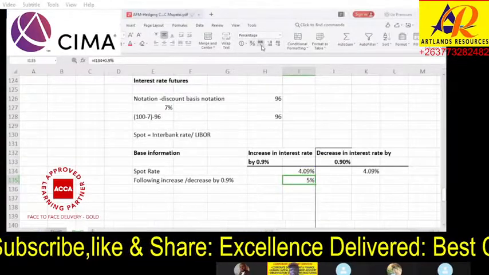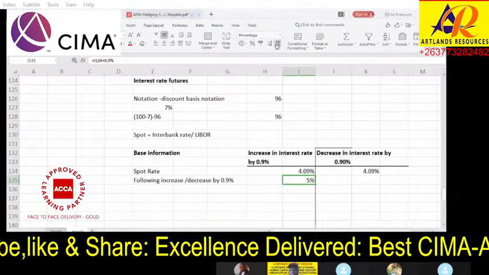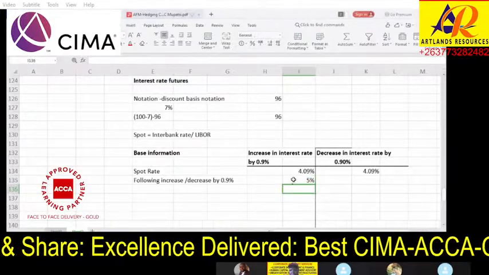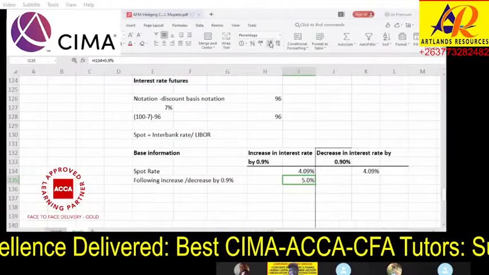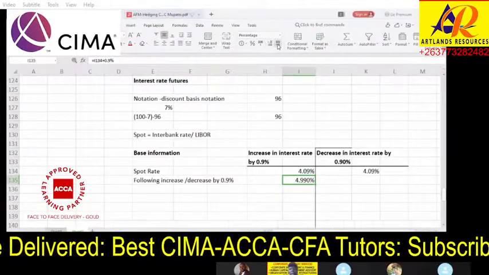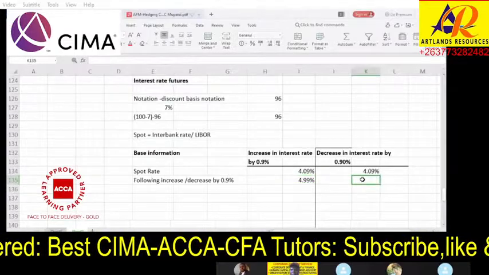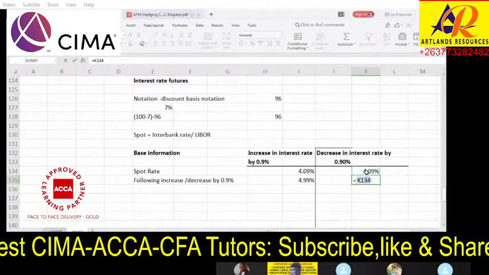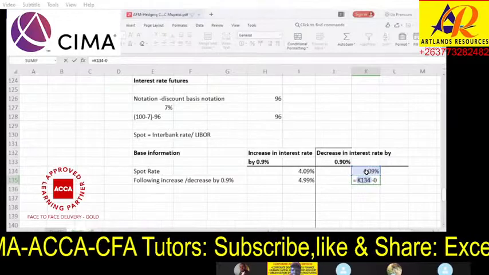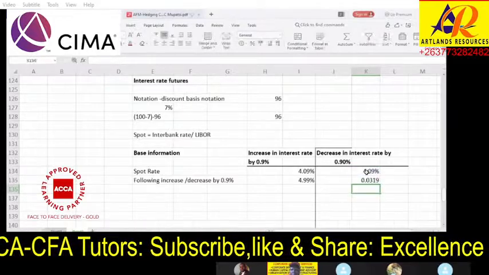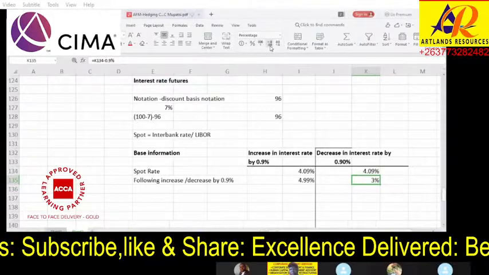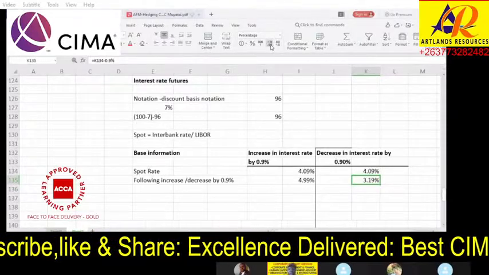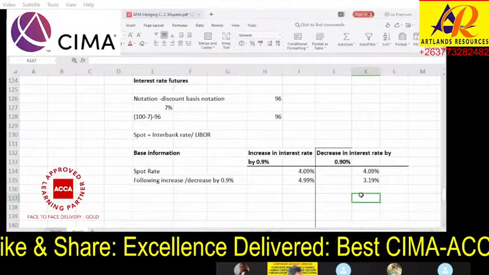So there you go. Here it becomes this minus 0.9%, and what I'm getting is 3.19%. So there you go.